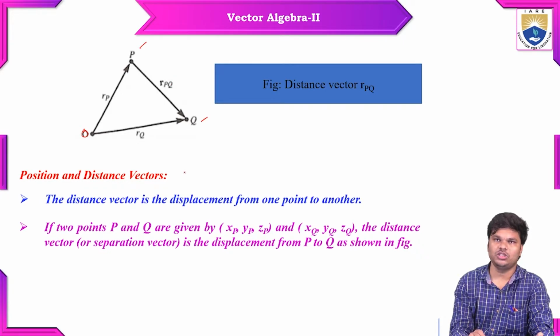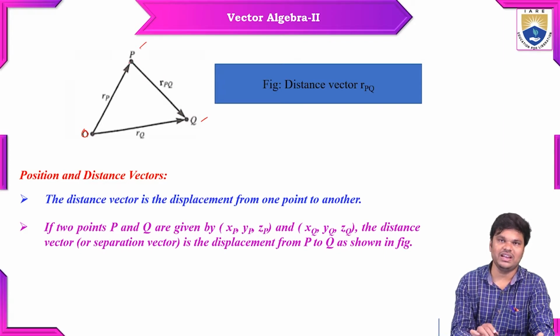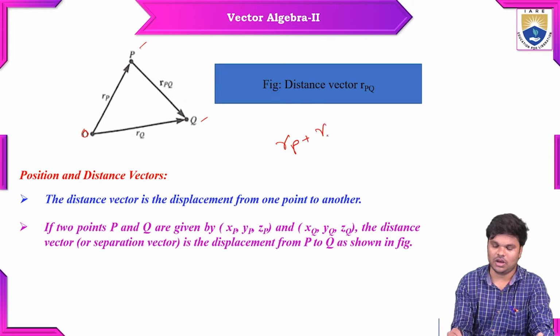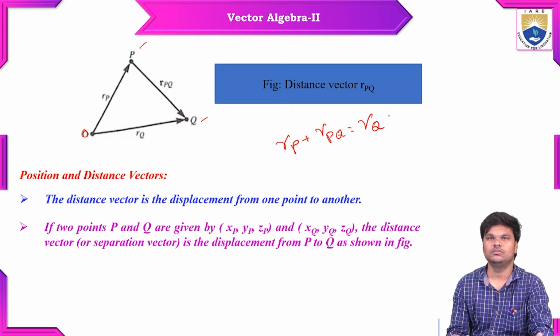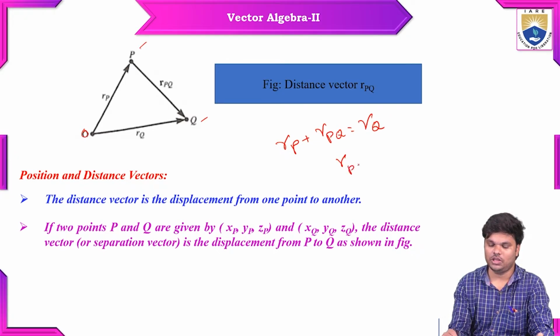Now I consider that the distance vector is RPQ, which has its tail at P and head at Q. From the parallelogram rule, I can write that RP plus RPQ is equal to RQ. So RPQ is equal to RQ minus RP.